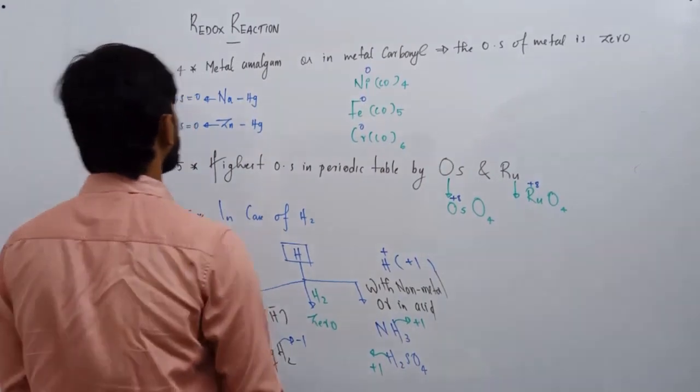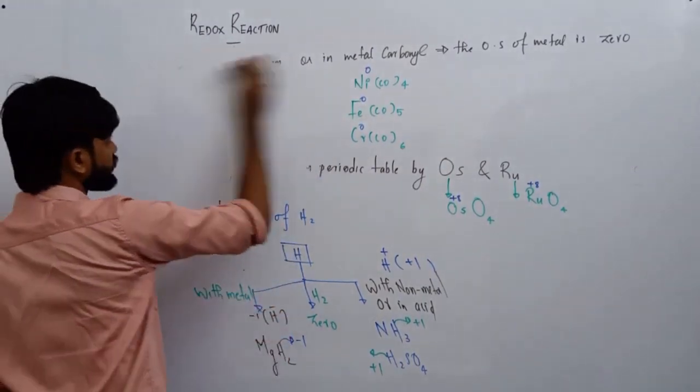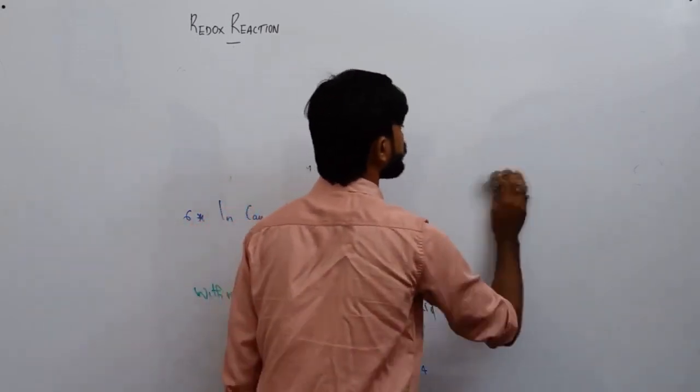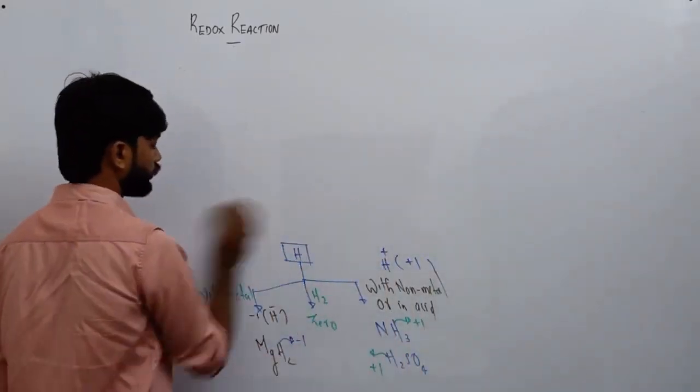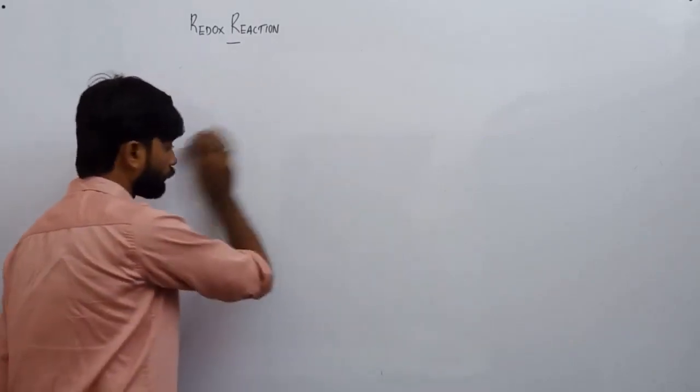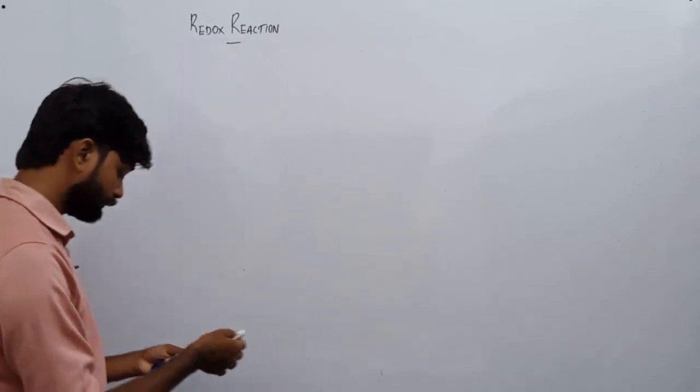Now you should be familiar with the oxidation states of oxygen, the different variable oxidation states shown by oxygen. Oxygen can show different varieties, and the most common one is oxide, O2 minus.